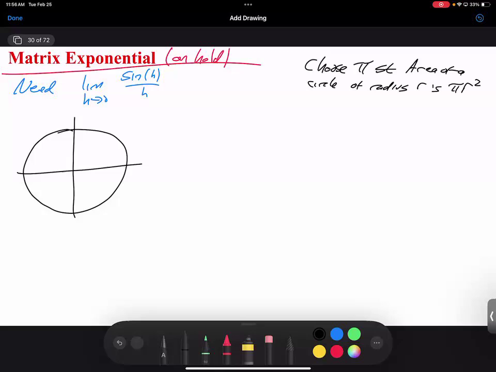There is some constant such that that is true. If I rescale a circle, the area is going to grow proportional to the square of the radius. Just think about it as changing from measuring things in feet to measuring things in meters.